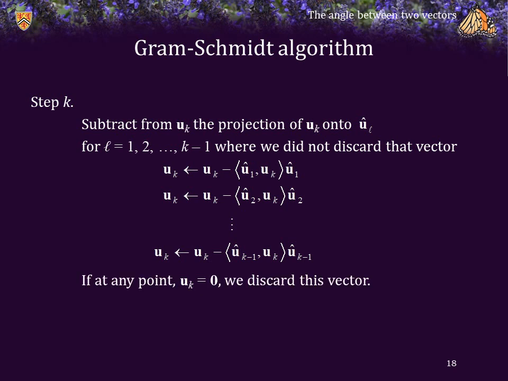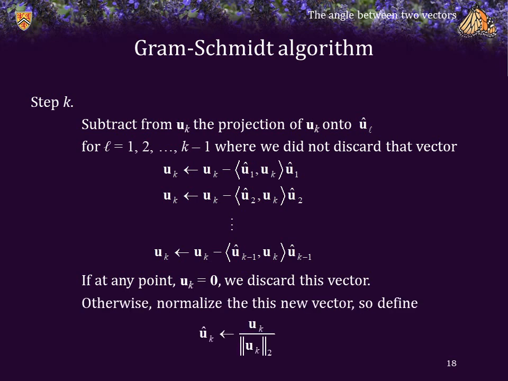Okay, if at any point u_k ended up being equal to 0, we discard this vector. However, assuming that it remains, we now just normalize this vector and assign it to u_k cap.